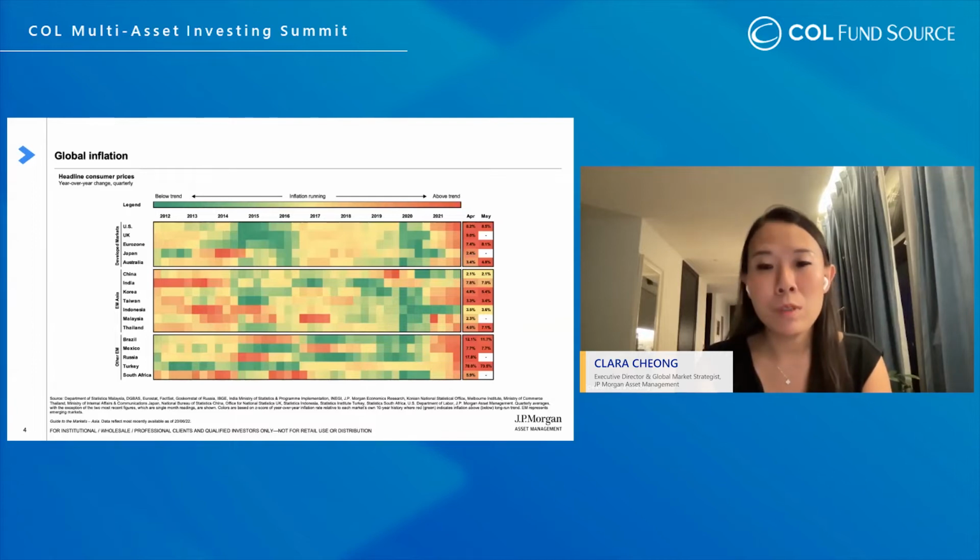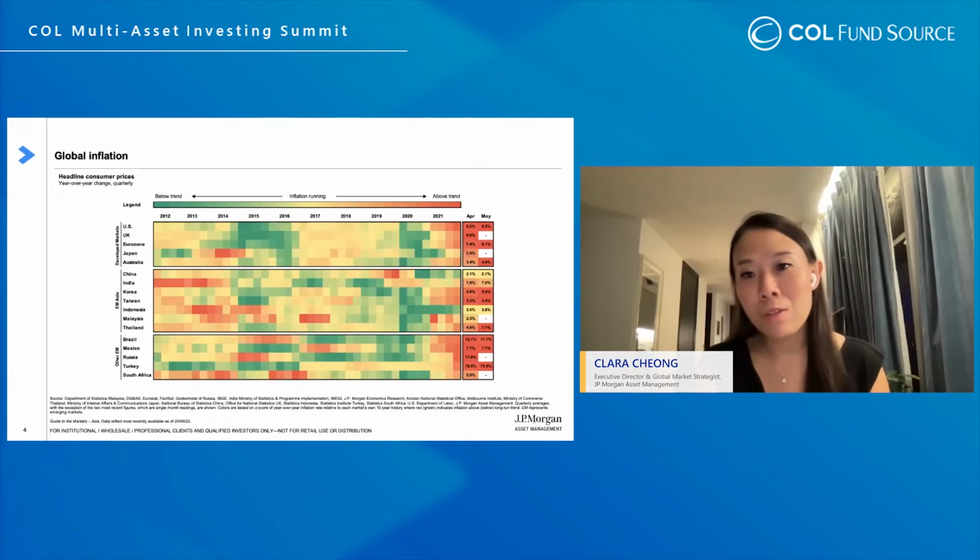But if we look a little closer at the details, it's the same few culprits. It's energy, it's food inflation. And why are they high? It's because of continued supply side issues that have been worsened by the Russia-Ukraine conflict, which has been ongoing for way too long. The US consumer is still relatively strong, so they have continued to buy a lot of new vehicles and used vehicles, which has caused some inflation in that space as well, even though the year-over-year numbers have been coming down.